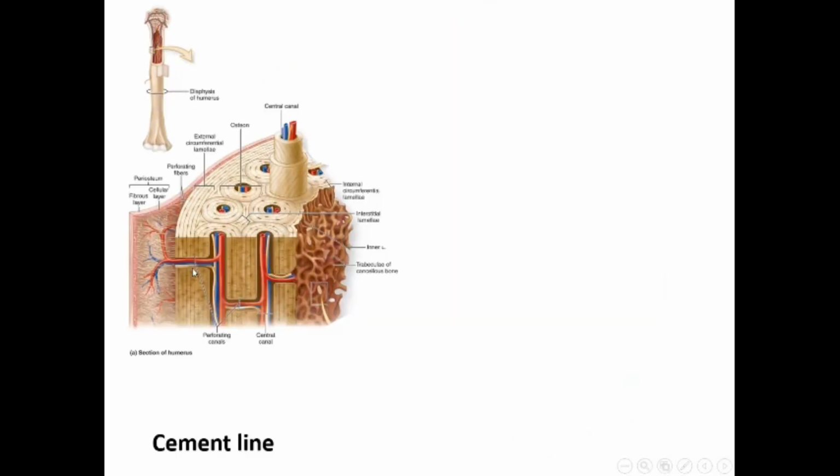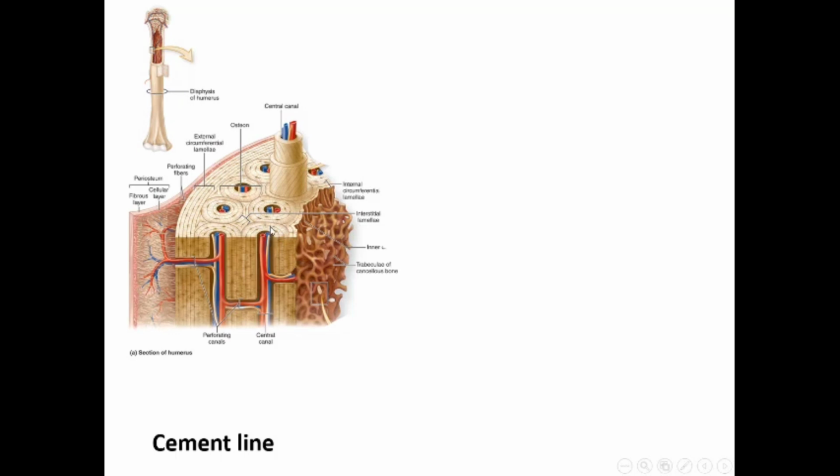Let's see this in this schematic picture of the bone. You can see the periosteum with 2 layers, and perforating or Sharpey's fibers. Outer circumferential, or here called external circumferential lamella. Inner circumferential lamella.